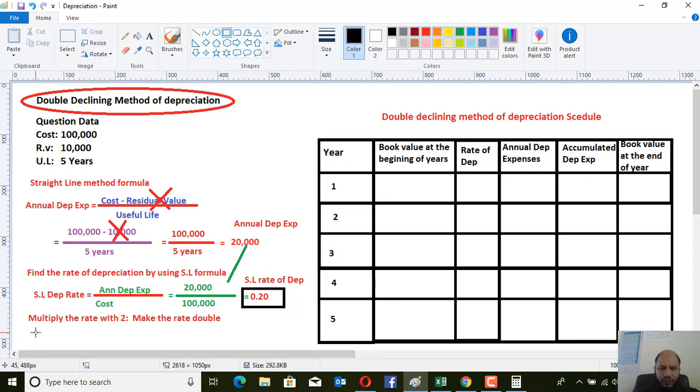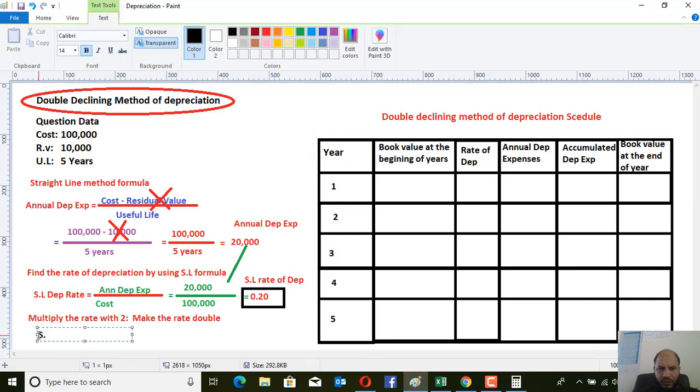We have the straight line rate of depreciation, and we will multiply this with 2.